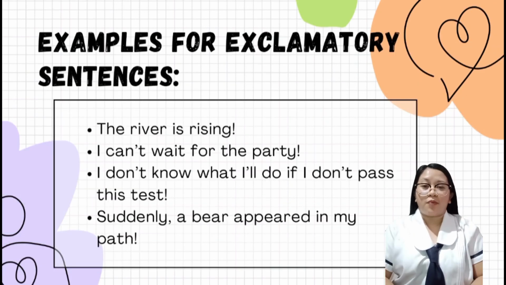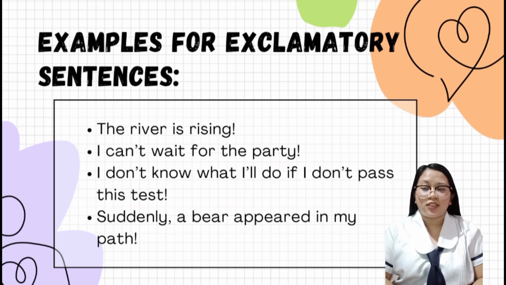These are some examples of exclamatory sentences. The first one is, "The river is rising!" Now, it is an exclamatory sentence since it ends with an exclamation point, and it also shows a feeling of fear. The second one is "I can't wait for the party!"